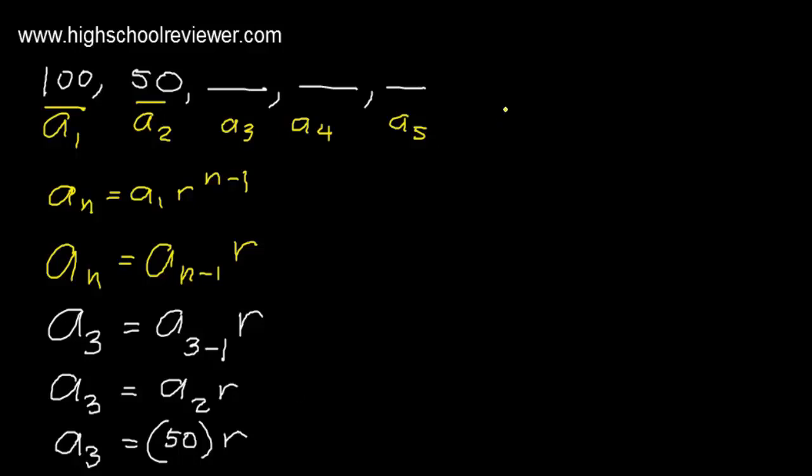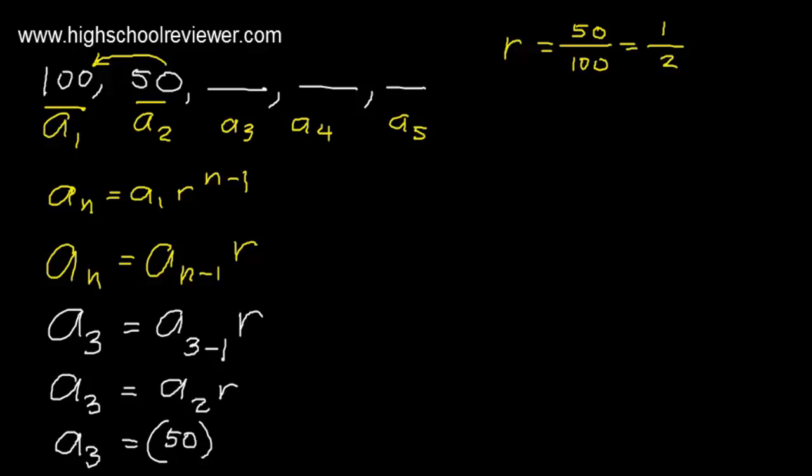Now again, the formula for r is just the ratio of two consecutive terms. So we have 50 and 100, so r will be equal to 50 divided by 100. To simplify, this will be 1 over 2. So our r is 1 over 2. So we can erase this.